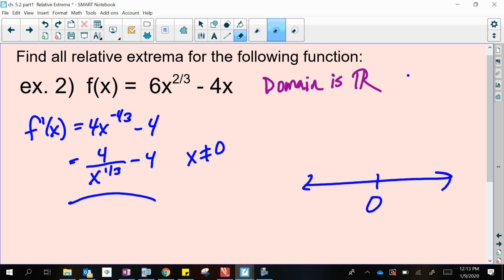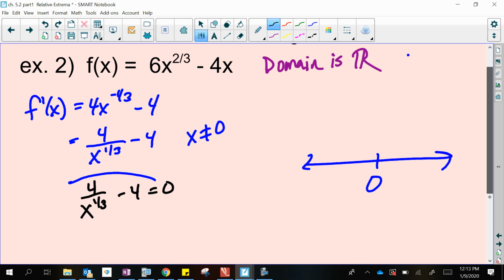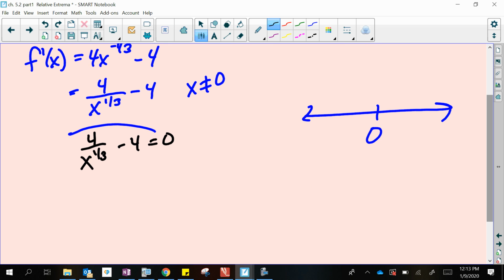So what else do we have to do to see what else is a critical number? Set that equal to 0. All right, so how do we solve that equation? Plus 4, so we get this.